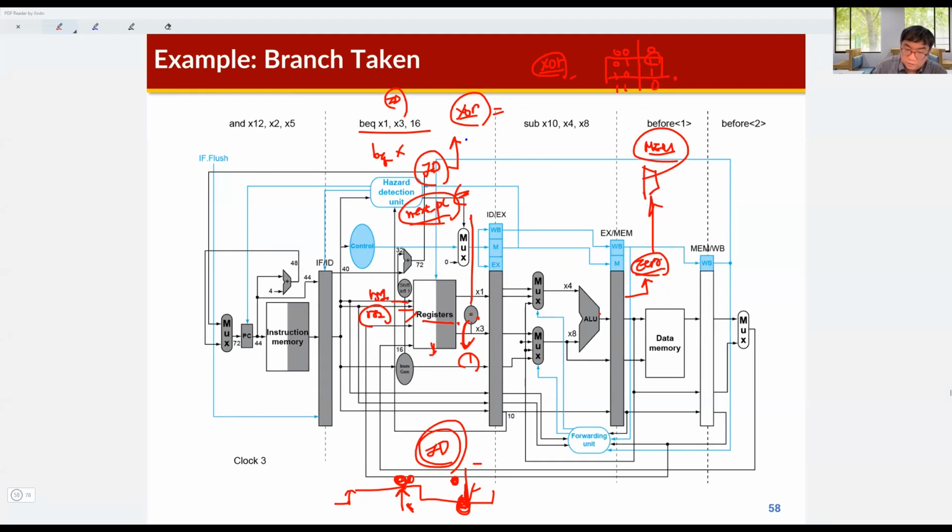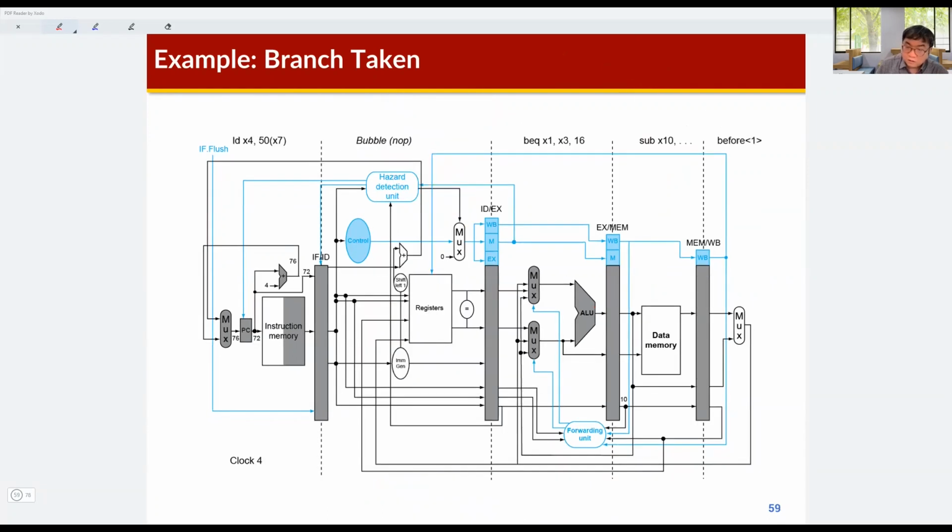So the next PC is set around here, before the next rising edge of the clock. This is the very next instruction, and the branch instruction is in the ID stage.